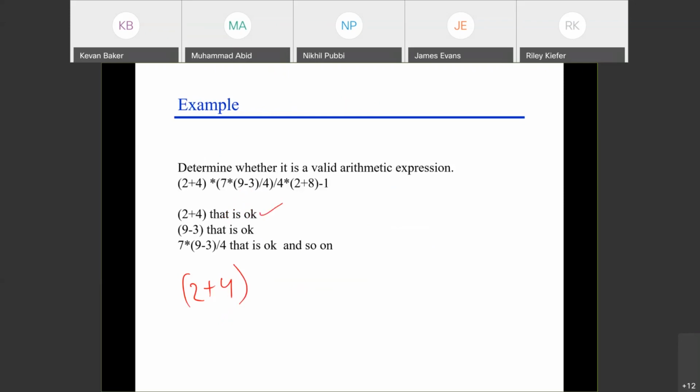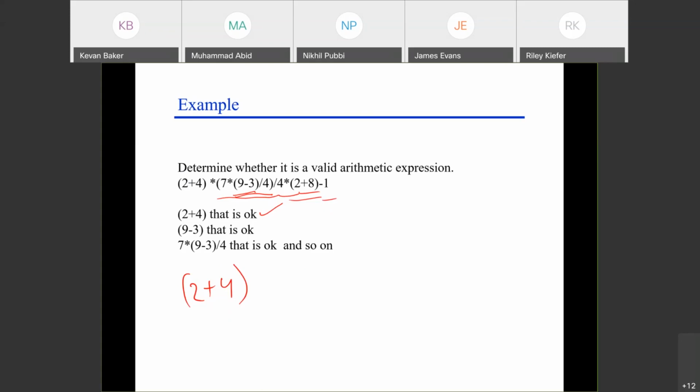And the same thing you will use for 9 plus 9 minus 3, and then you add this whole thing you generate, and then 2 plus 8 and this thing, and finally minus 1, you add that. So gradually you can increase that. This is the idea behind how to generate this thing.